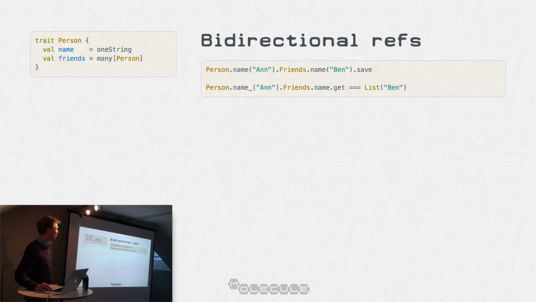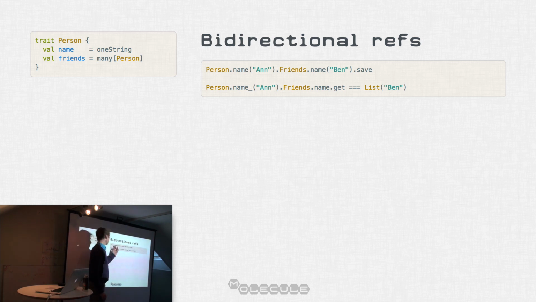So that's flexible. And the last of the extras is a way to make property graphs, where you need bidirectional references. Because if you make a reference from something to somewhere else, then you can say that a person named Anne has a reference to friends, where the name is Ben, and if we take a person named Anne, then we get the name of Ben.